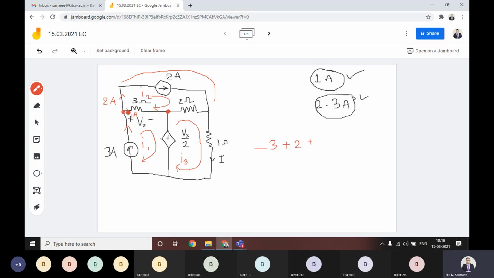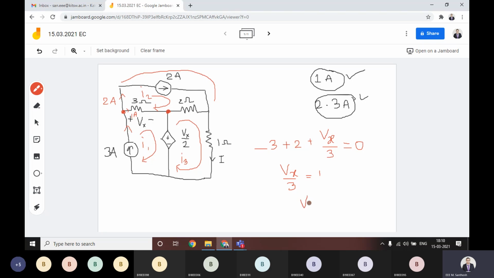Another one, this current, is also leaving. That current you can calculate as Vx by 3. Vx by 3 is equal to 0. Then minus 3 plus 2 is minus 1. If that minus 1 goes to this side, it will be plus 1.